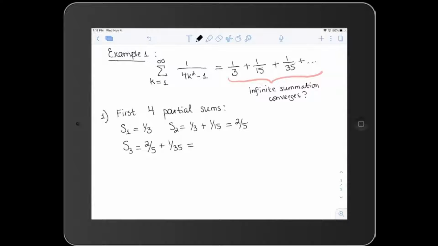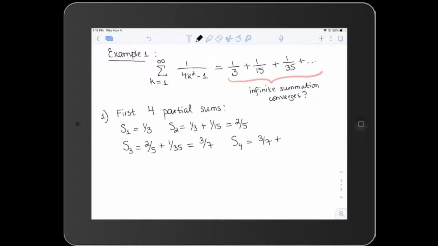You combine this, we get 3 over 7. And we can do one more. S4 is equal to S3, which is 3 over 7, plus the next term, 1 over 63. If you combine these two fractions, we get 4 over 9.